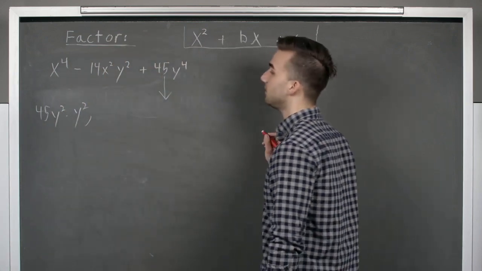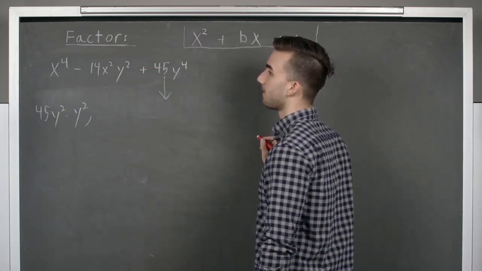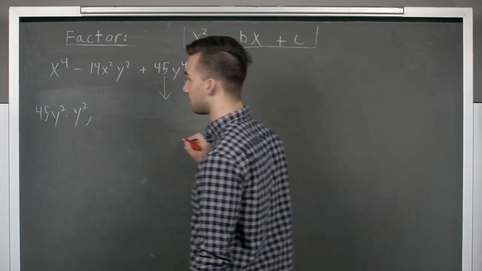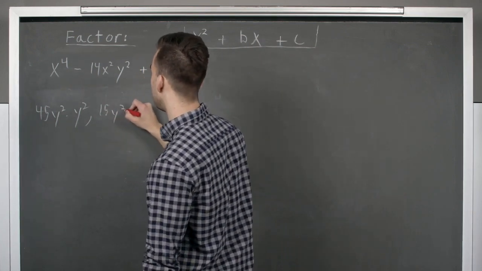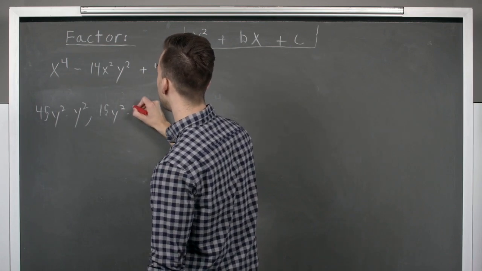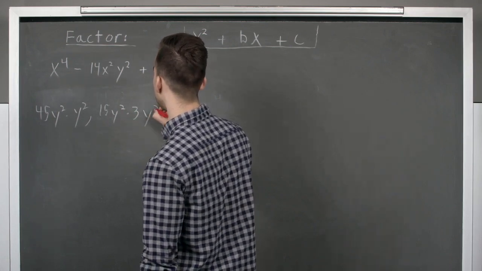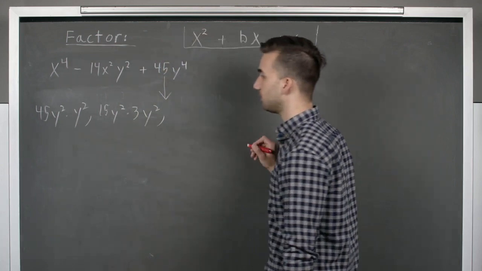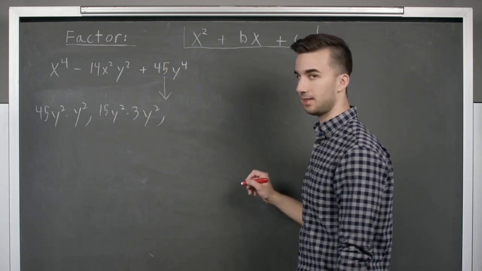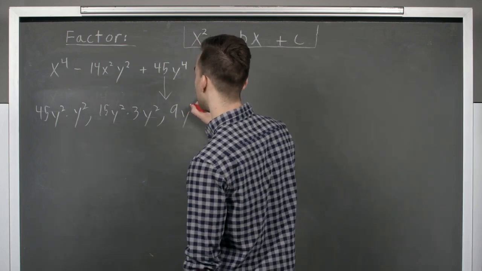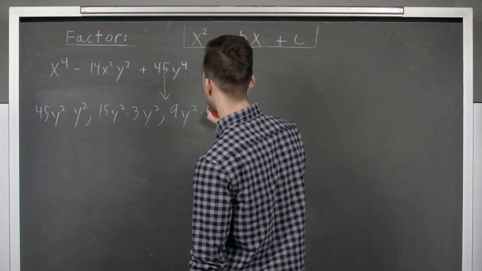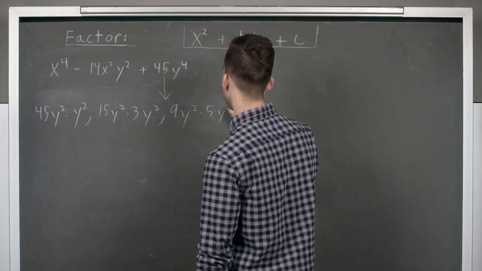We can also do 15 times 3 is also a factor. So we can do 15 y squared times 3 y squared. And we can also do 9 times 5, because 9 times 5 is 45. So 9y squared times 5y squared.